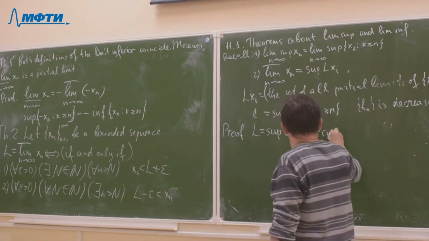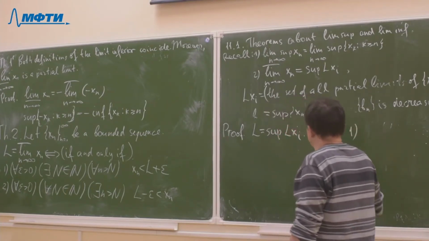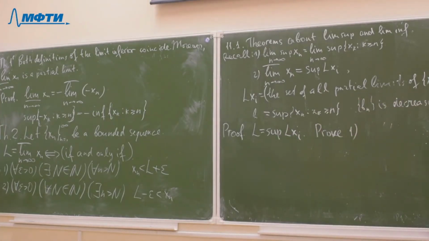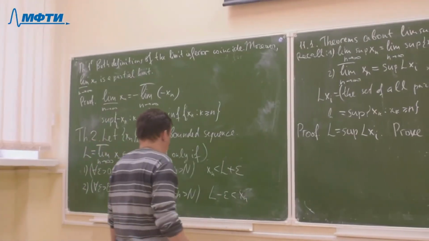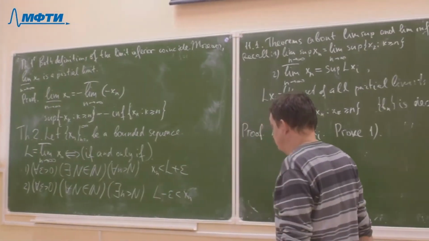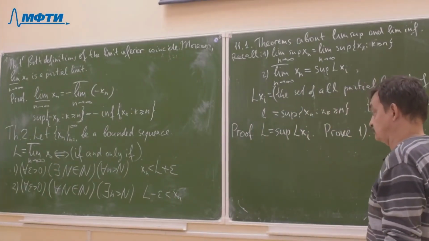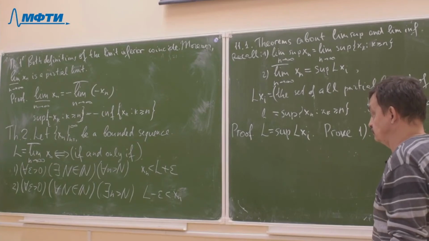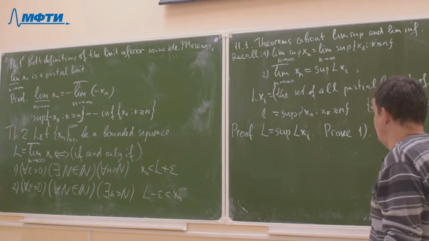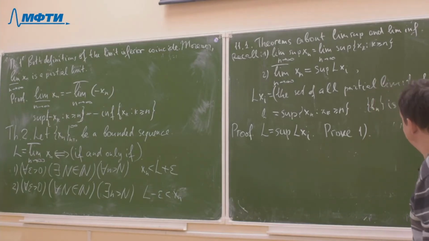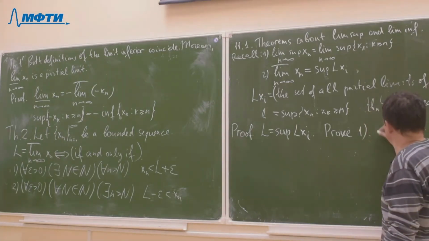Proof of the first assertion. What we want to prove is written here, and maybe it's easy for me to use another definition. It doesn't matter. By contradiction.